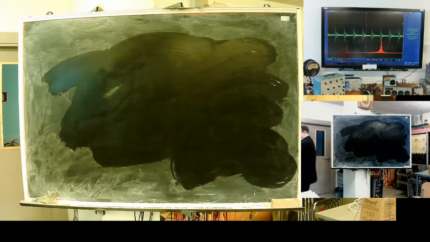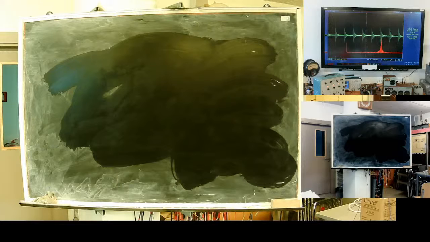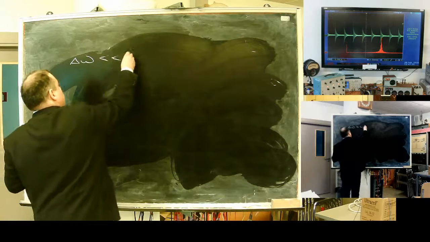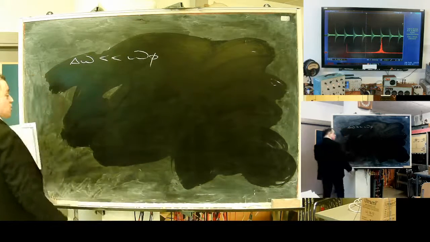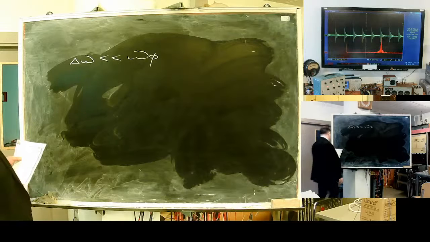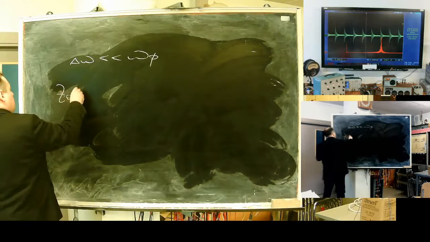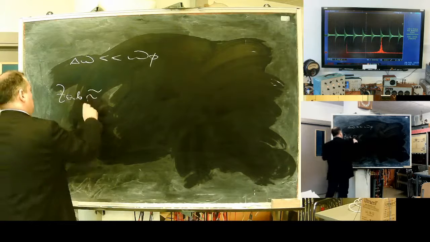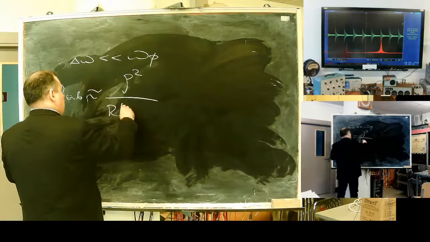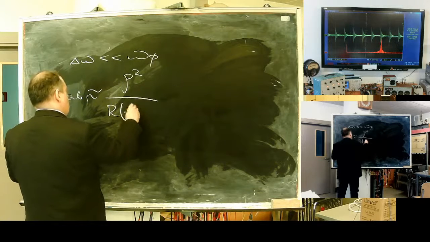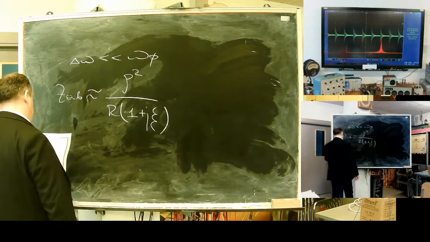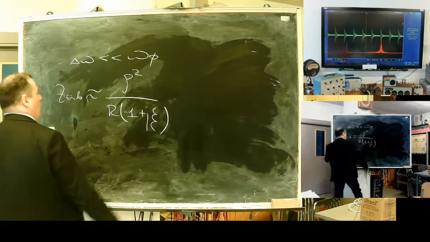When we analyze areas near the point of resonance, meaning omega is much smaller than the resonance frequency, showing a small deviation from the central frequency, the input impedance can be written as rho squared divided by R times 1 plus j times the detuning.